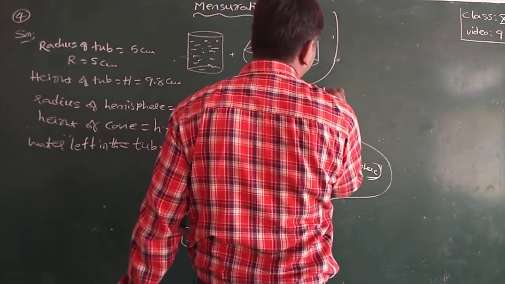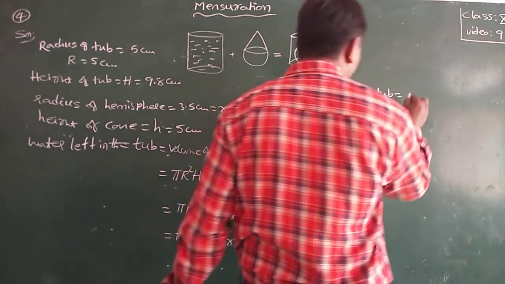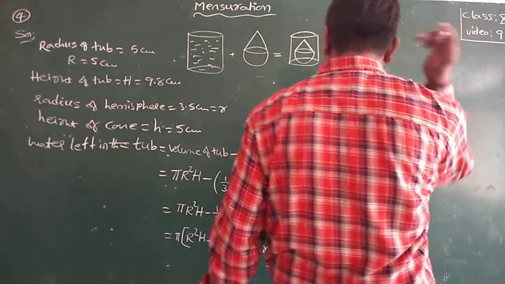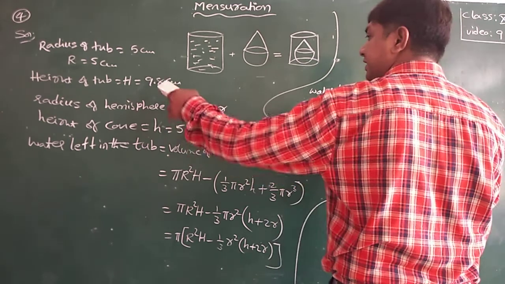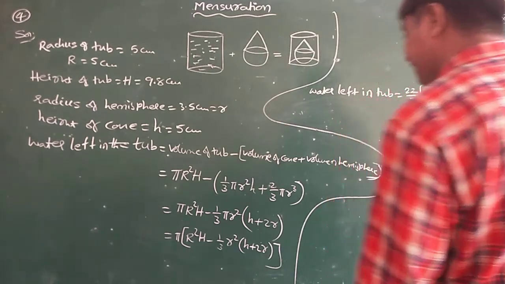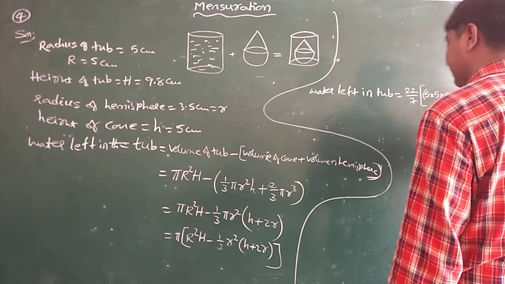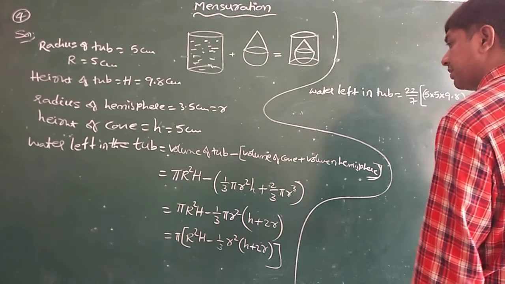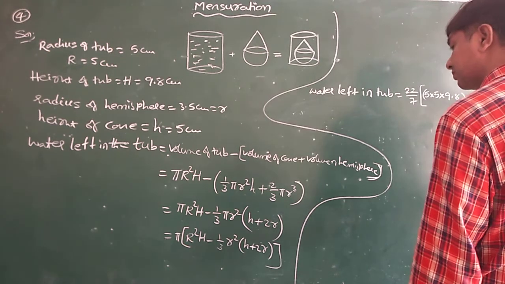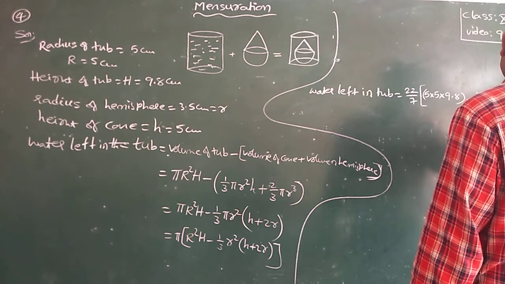Water left in the tub is equal to 22/7 into R square, what is R here, 5 into 5 into H, 9.8, minus 1/3 into 3.5, that is 35/10 into 35/10, into h plus 2r, that means 5 plus 7.